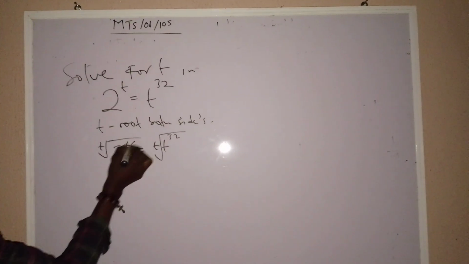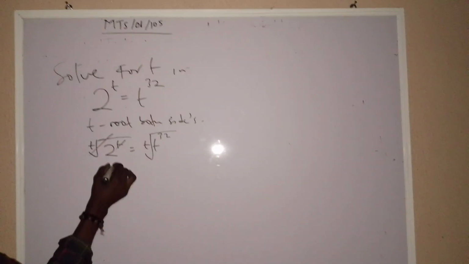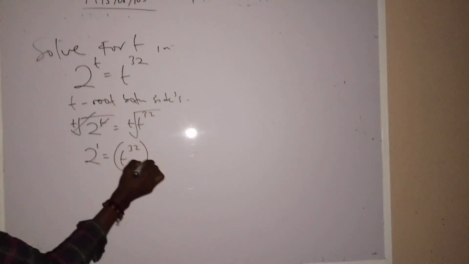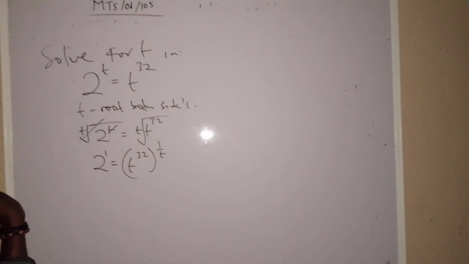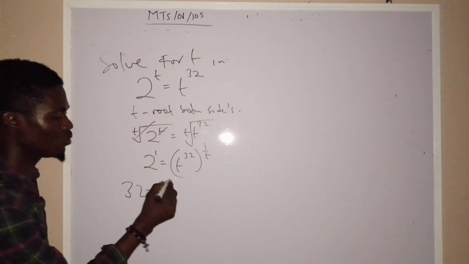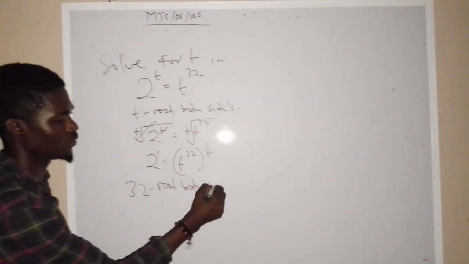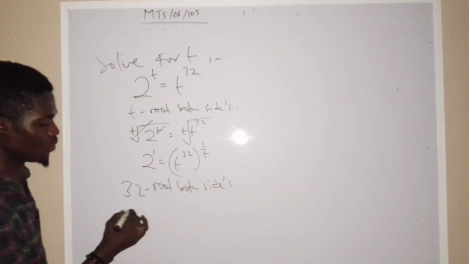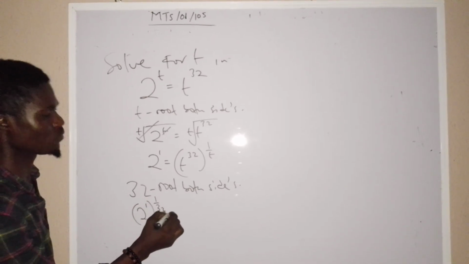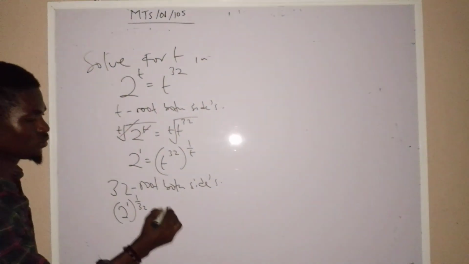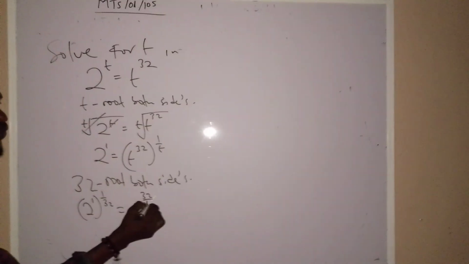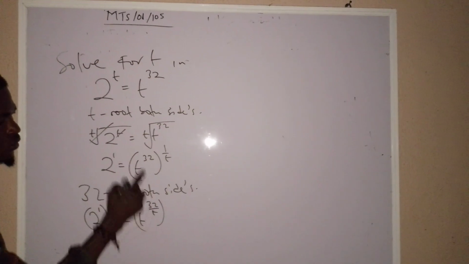The t root of both sides takes care of this, and you are left with 2 raised to the power 1 equals 2 raised to the power 32, all raised to the power 1 over 3. Again, when you get here, take the 32 root of both sides. So that will be 2 raised to the power 1 over 32 equals 2 raised to the power 32 over 3. You know this one now.